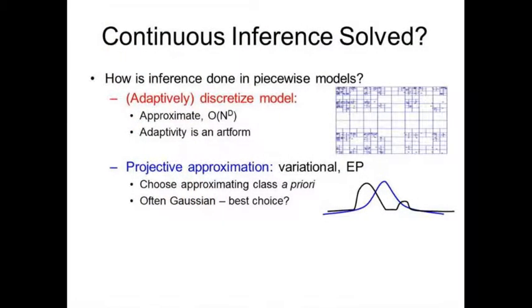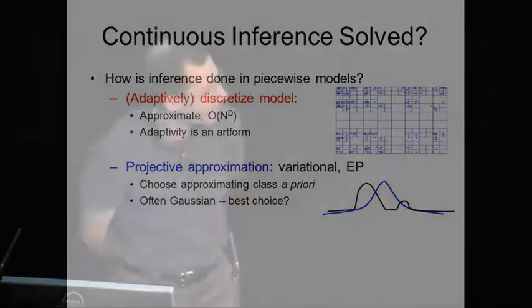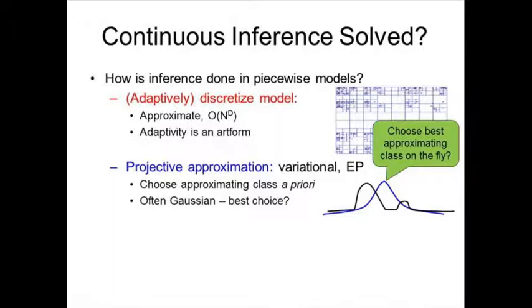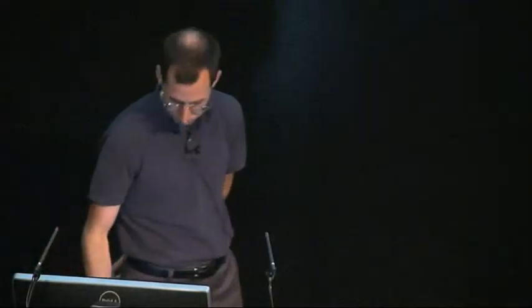While this does work effectively in practice, and I don't want to criticize this, especially with this audience, it's not always clear that your approximating class was the best choice, especially in a small data case where your posteriors are not typically Gaussian. I'm not saying these are bad methods, but what I'll tell you about today is perhaps one way to choose the best approximating class on the fly with these methods, and I'll come back to that later.